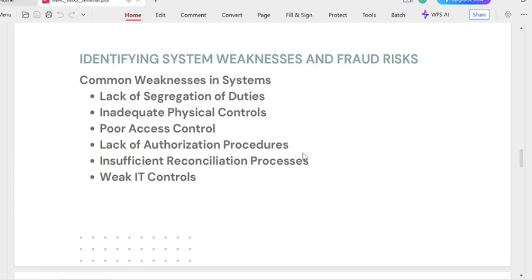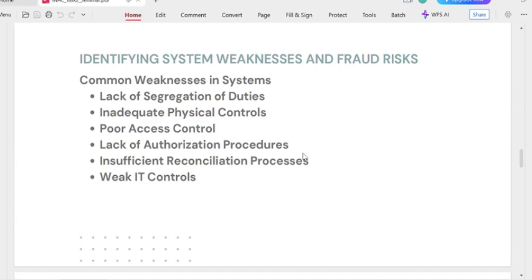So what we do, we try to put segregation of duties as a tool for controlling our system. Let me explain with the help of an example.